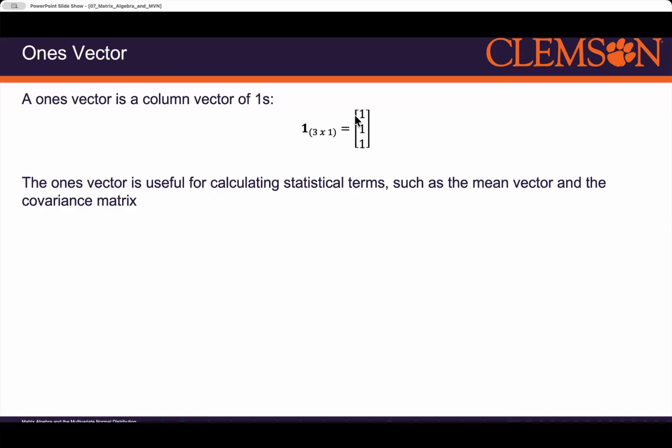And when we do a dot product of a vector with a set of ones, it simply becomes the sum of the first vector's elements. Well, we see this a lot. If we want the mean of one of our variables, sometimes we call that the mean vector. If we have more than one variable, we do the dot product of each of our column vectors with the ones vector, and we get its sum. And we just have to divide by n as a scalar, and we get a mean.